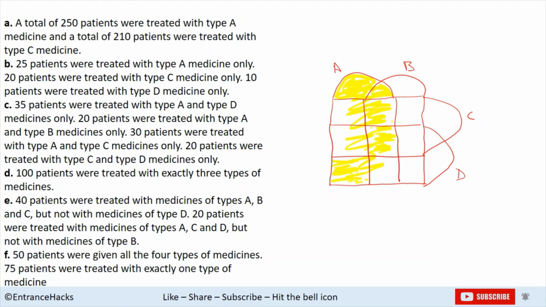These two blocks belong to A, B, and C. Similarly, the block which is common to all, that is A, B, C, and D. So this is the block which is common to all, right? This comes under C also, this comes under D also, under B also, and under A also. So this is common for all.